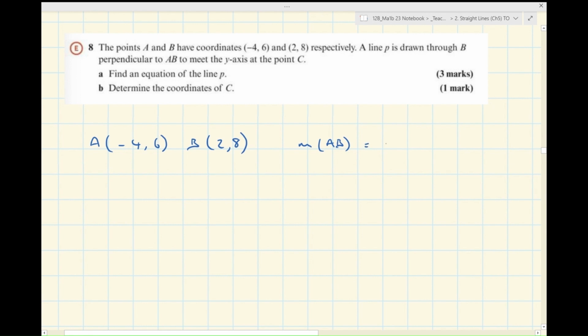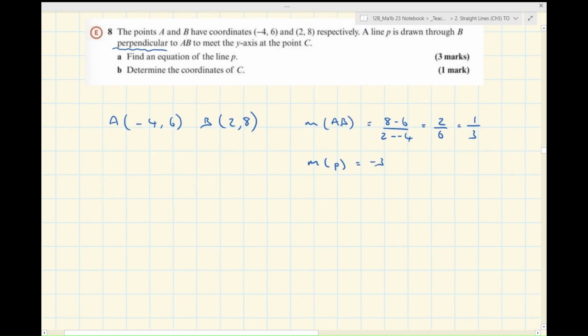That's going to be the difference in the y-coordinates over the difference in the x-coordinates. Look out for that minus a minus. 2 over 6 is a third. So that's the gradient from A to B, and my line P is perpendicular to that. So the gradient of the line P is going to be the negative reciprocal of that, so it's minus 3.